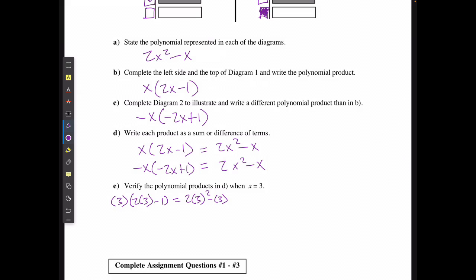This is going to give me 3 times 6 minus 1 is equal to 2 times 9 minus 3. 3 times 5 is equal to 18 minus 3, and they both wind up equaling 15.